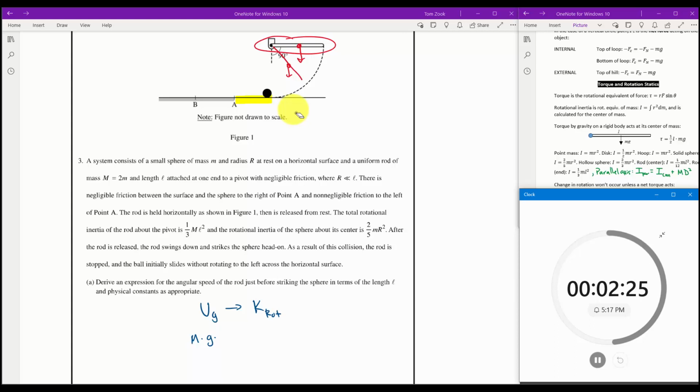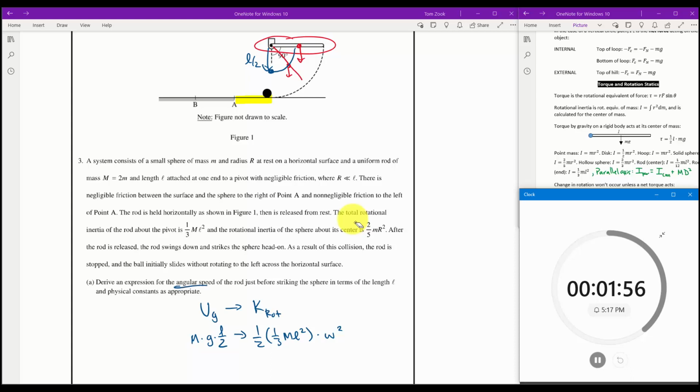When it swings down, the center of mass only gets to here. So it's only dropping down L over 2. Ooh, it's a catch right there. So it's L over 2 is the height that it has to drop. And then for the rotational kinetic energy, it'd be 1/2 I, which is 1/3 mL squared, times the omega squared that it'll have, right? We want the angular speed of it.